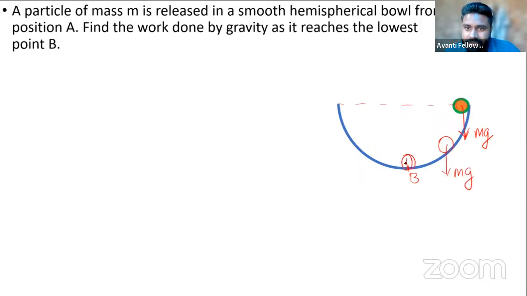And if the particle is at the lowest position, the gravity is also acting in this direction. So always remember one thing: when you are finding the work of any particular force, you must take the displacement along the direction of that force.